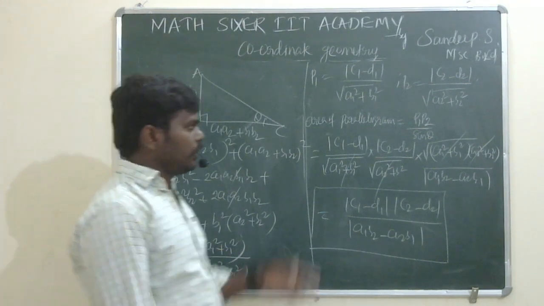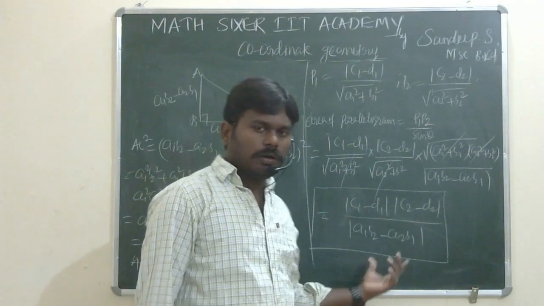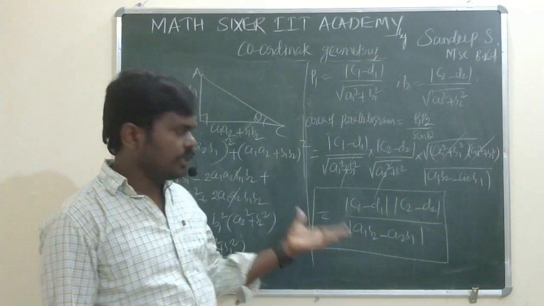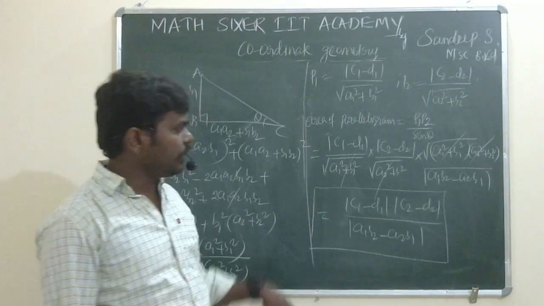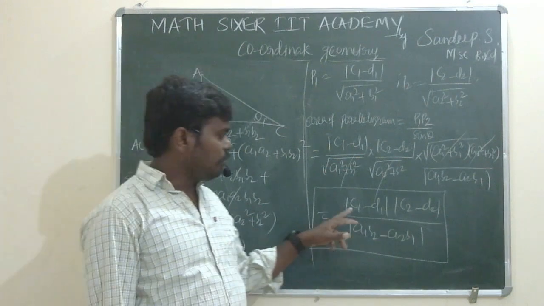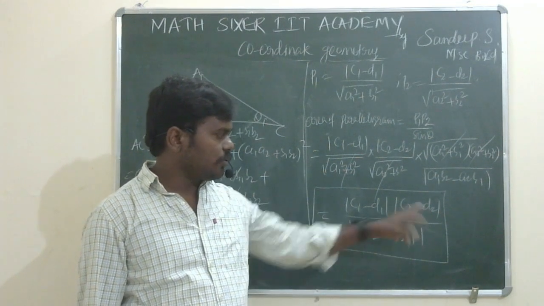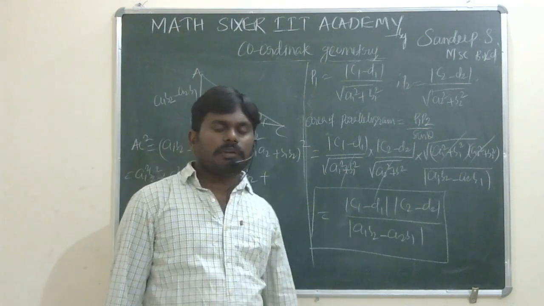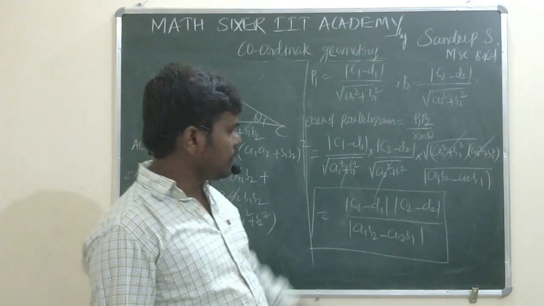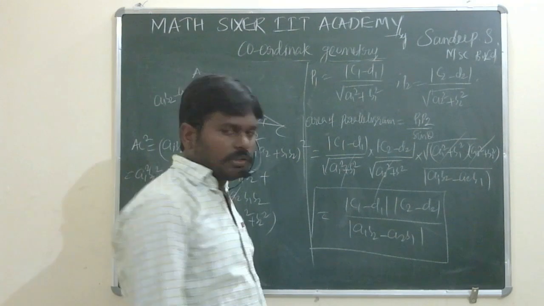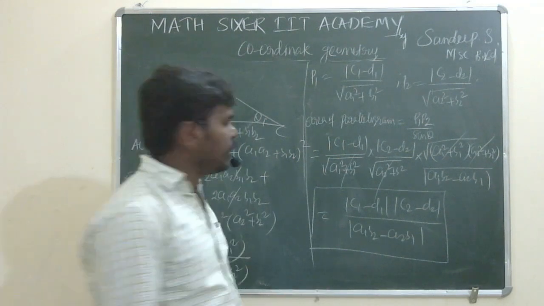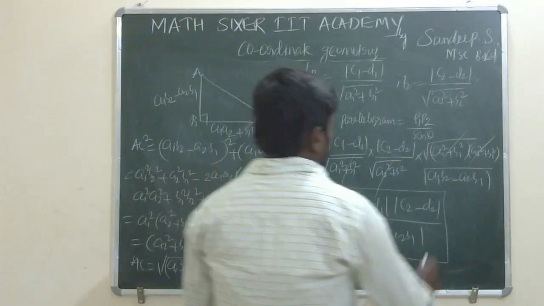When you have a parallelogram with 4 sides and 4 equations, how to find the area of the parallelogram? It is the modulus of C1 minus D1 into the modulus of C2 minus D2 divided by the modulus of A1 B2 minus A2 B1. Of course, the denominator we can write in the form of a determinant.